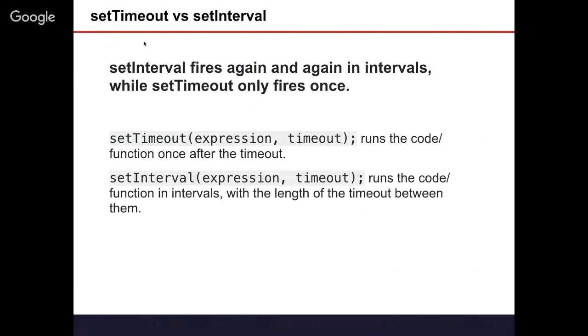So if we say function ABC in 5,000, like 5 seconds, it'll run function ABC in 5 seconds. setInterval runs the code in intervals, with the length of the timeout in between, so it will continuously run until we stop it. We have clearTimeout, and we have clearInterval.